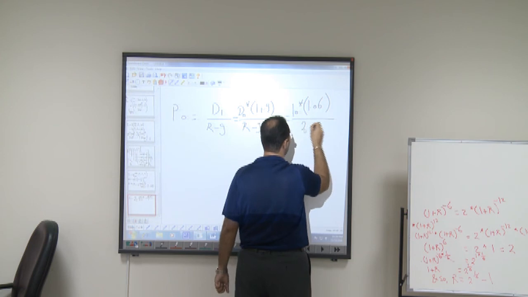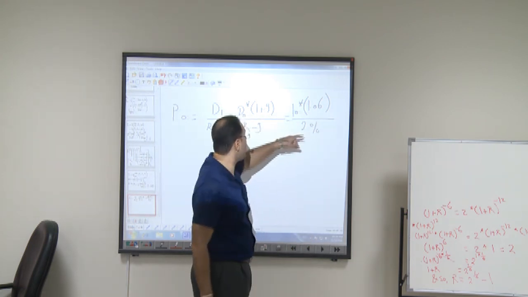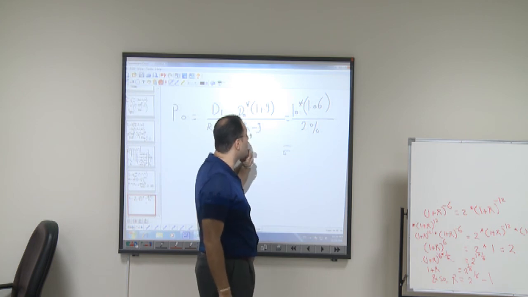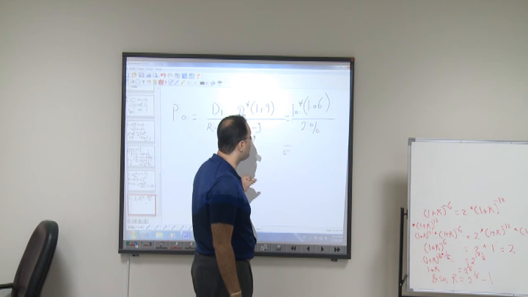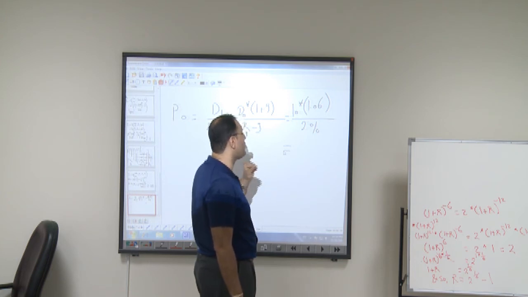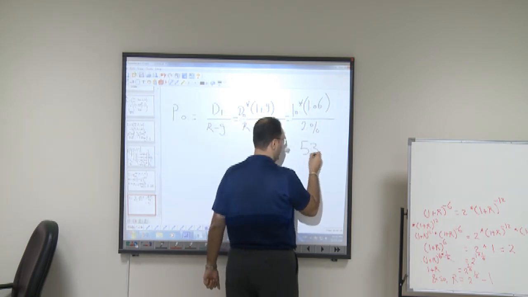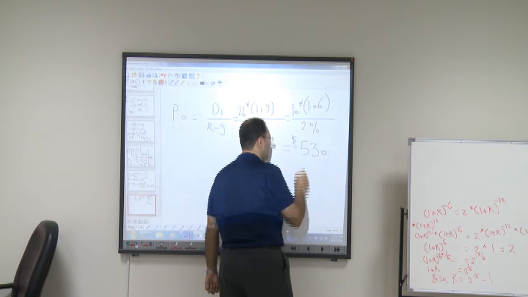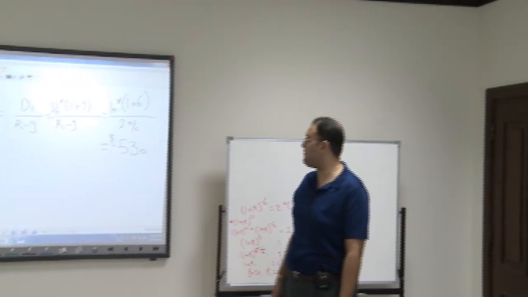Over 2%. And the answer, well, 10 over 2%, this is 500. And 6% over 2%, well, 60% over 2%, this is 30. That's going to be 530. Of course, 530.